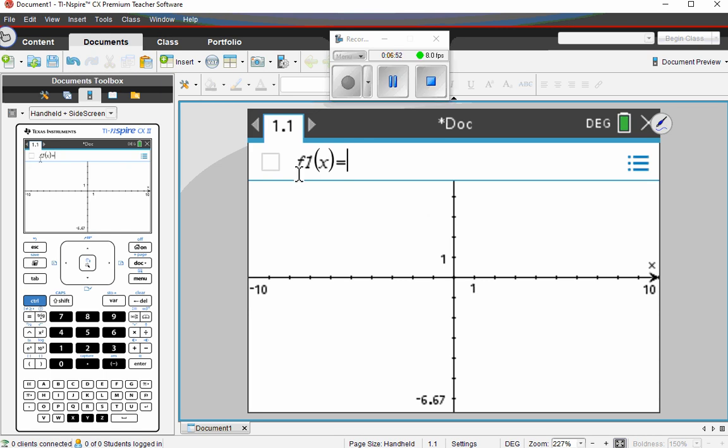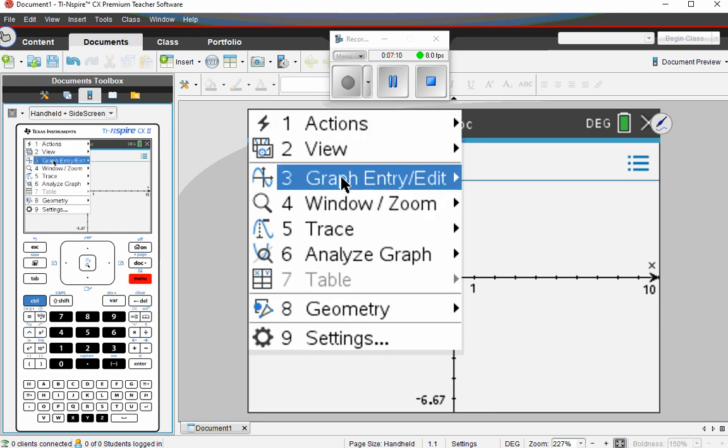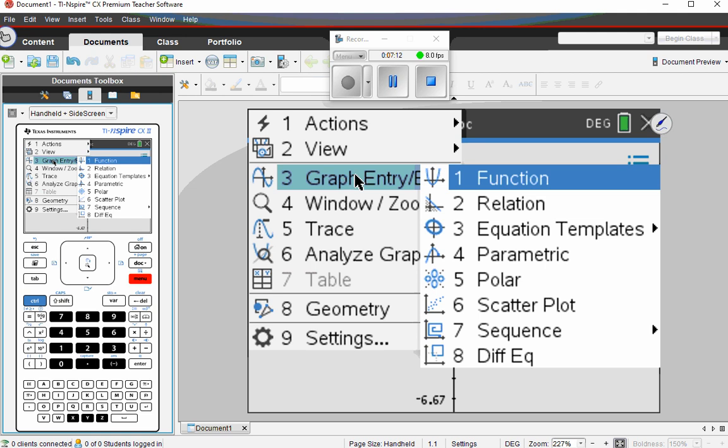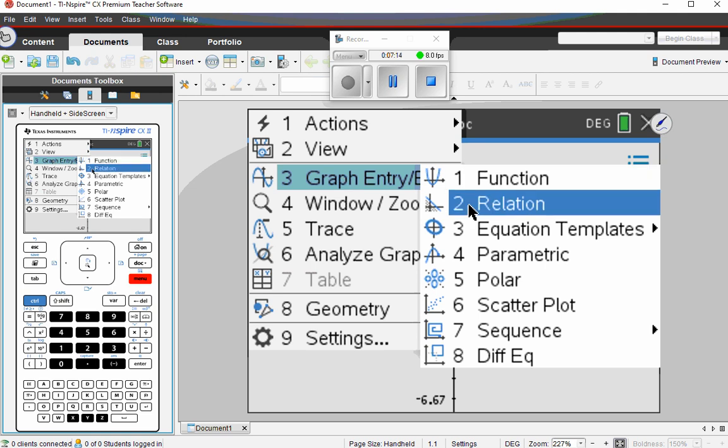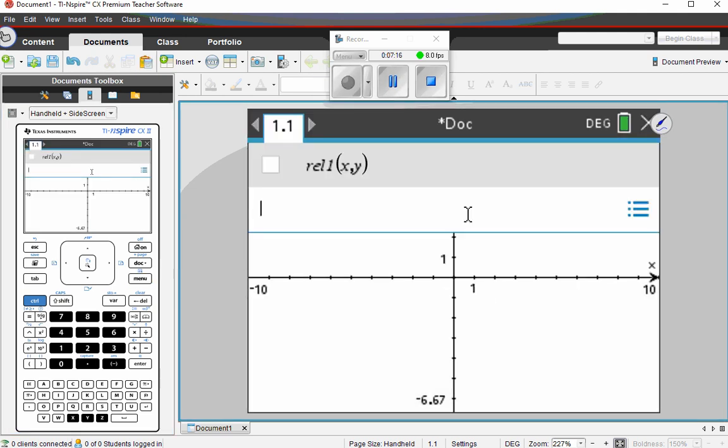But see how right now, if you look at your calculator, you have this f1 of x. That means you're in what's called function mode on your calculator, which means in order to graph, you have to have it always set equal to y equals. That's not going to be convenient when we get to some of these other graphs, so we're going to change this. We're going to hit menu. We're going to go to the graph entry edits, and we're going to pick the button that says relation. So we're going to graph a relation instead of a function.